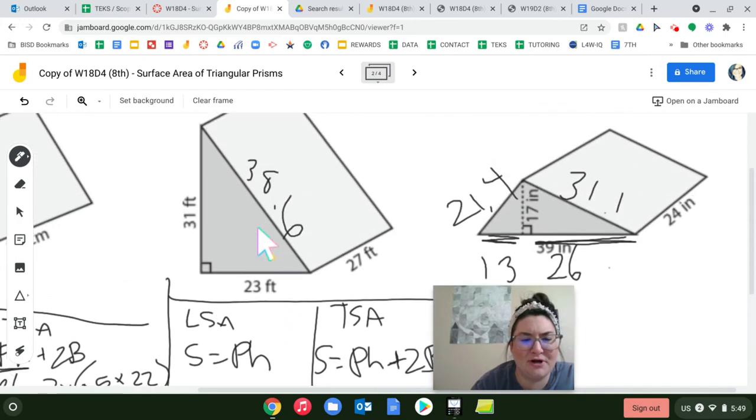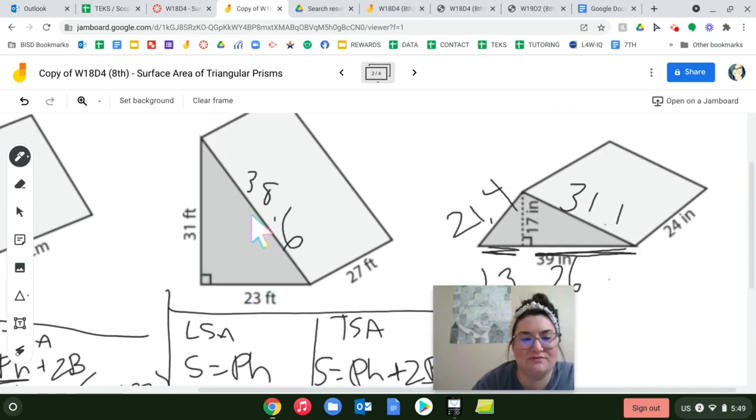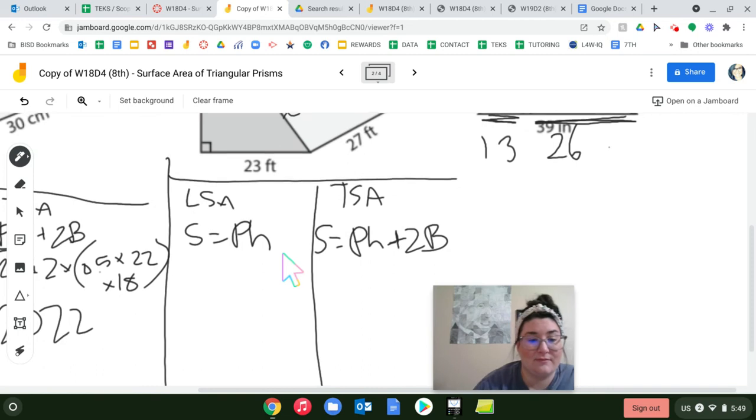Okay, so for perimeter of the base, this is our base, this rectangle. I'm going to add up all 3 sides. 23 plus 31 is 54. 54 plus 30 would be 84. 84 plus 8 is 92.6.